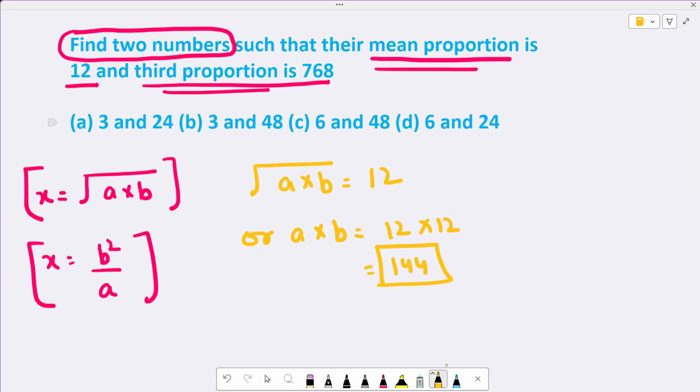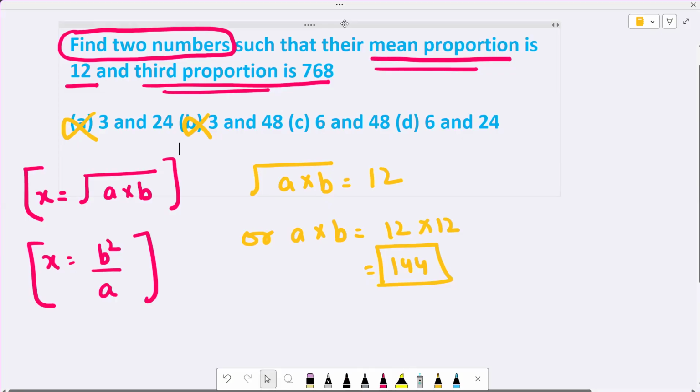So here we need to check which numbers give a product of 144 when multiplied. Now we know that this cannot be the correct answer since the product of 3 and 24 is not 144. And the same is the case with 3 multiplied by 48. Here also the product is not 144.